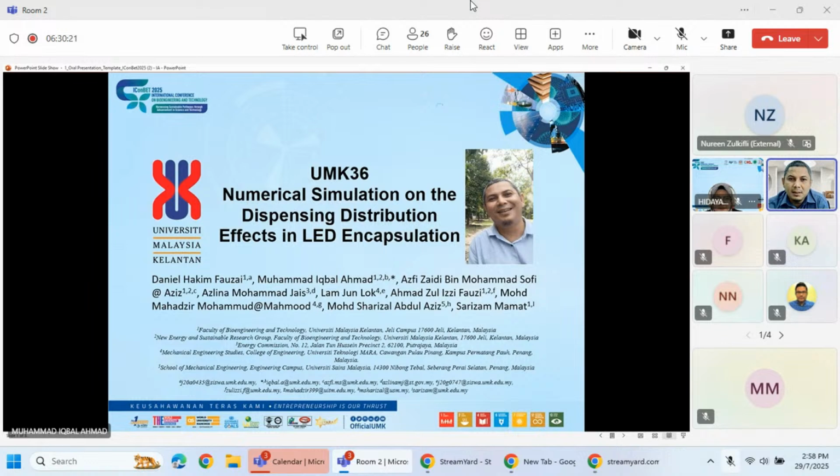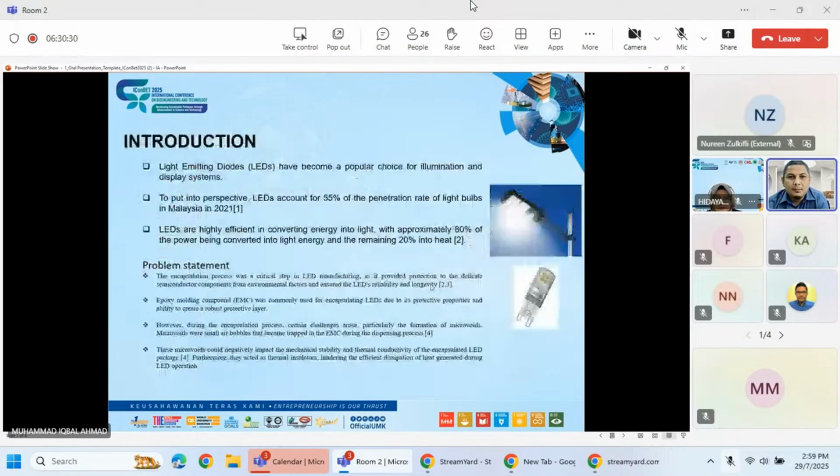My topic is a numerical simulation on the dispensing distribution effect in LED encapsulation. As an introduction, LEDs have become a popular choice according to the trend since 2000 until now. LEDs have penetrated automotive systems, lighting in buildings, and illumination and so on.